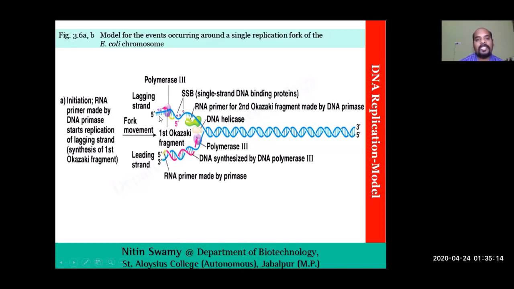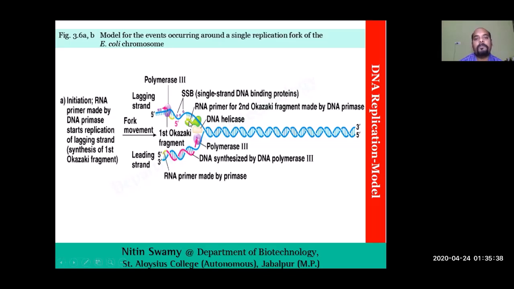On the other hand, the lagging strand is not continuous. DNA on the lagging strand is created in patches. Here we can see the RNA primer and a small stretch of DNA on the lagging strand, and then the second Okazaki fragment is created.